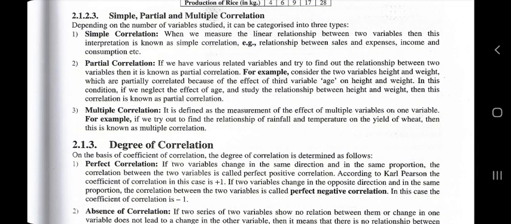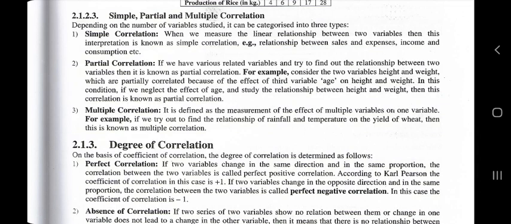So if we are considering height and weight, then we have to make age a constant. Means if we are considering adults, obviously the age factor will be there. The persons who are more than 18 years of age are only considered adults.